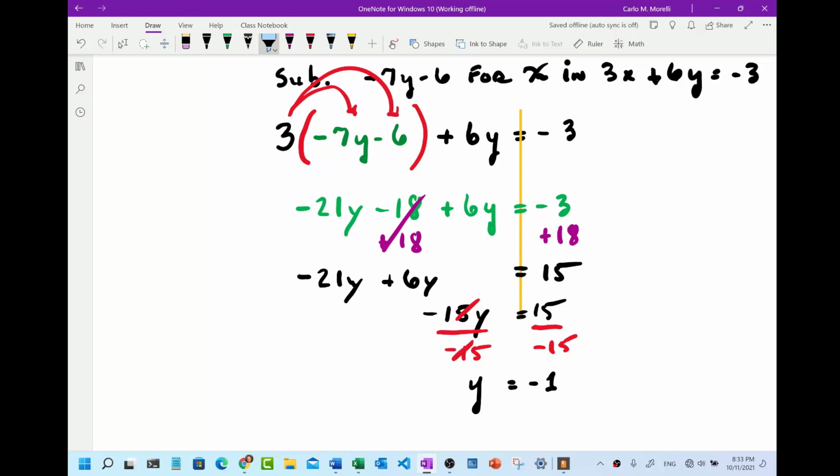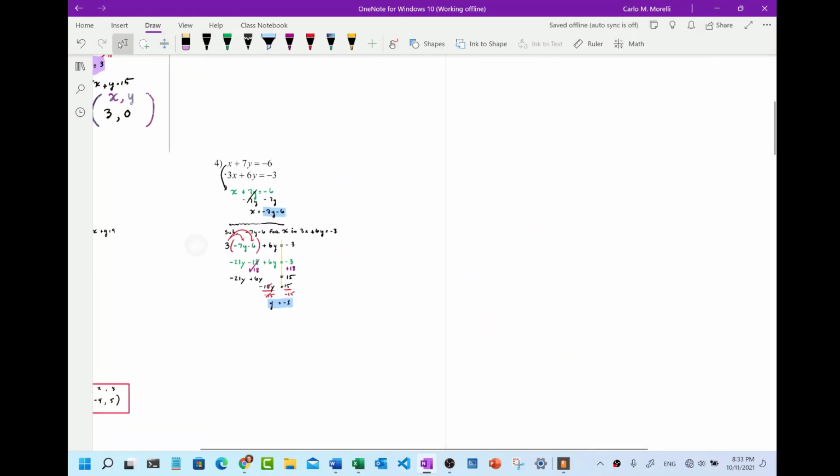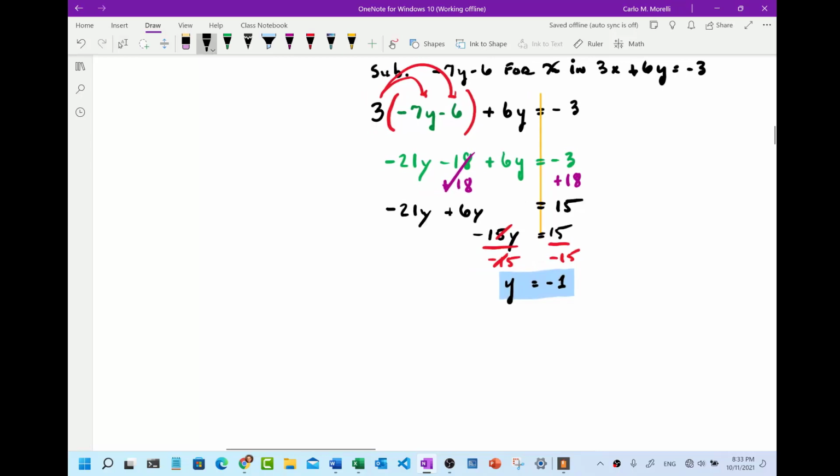Okay, so now that we know that, we can plug that into either equation. Let's do the top one. x plus 7y equals negative 6. So we can say something like, if x plus 7y equals negative 6 and y equals negative 1, then the following, right?